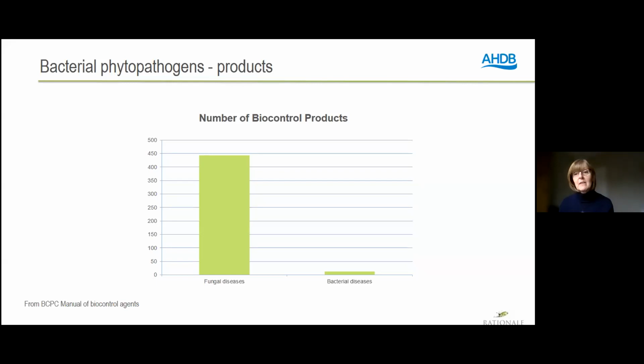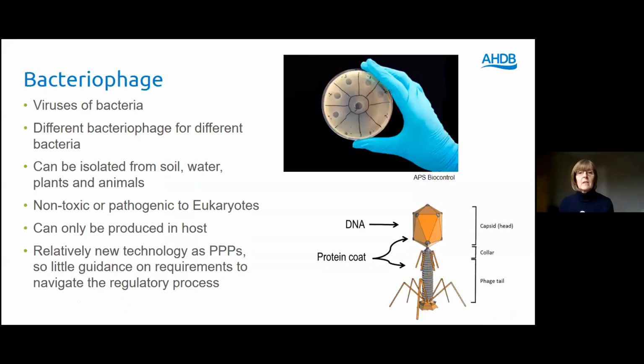And so clearly we need to think about some different approaches for management when those problems do arise, or even to protect our crops. I just wanted to spend a few minutes talking about bacteriophage, which Sarah mentioned in her introduction, and is becoming a really interesting topic, I think.